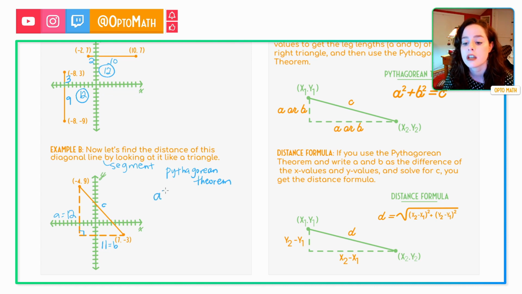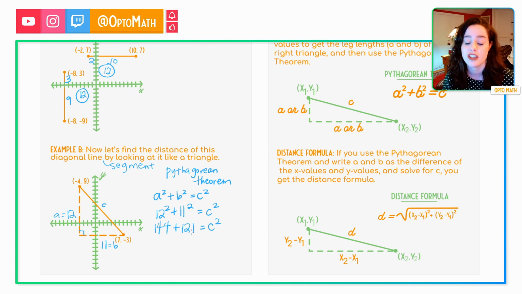So the Pythagorean theorem is A squared plus B squared is C squared. So let's do 12 squared plus 11 squared, and that equals C squared. 12 squared is 144. 11 squared is 121. And we've got C squared.